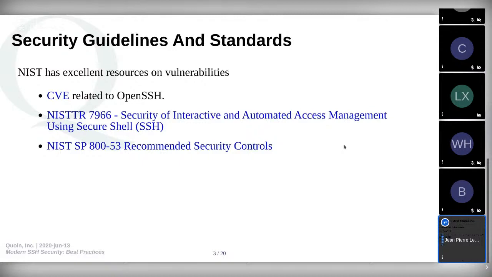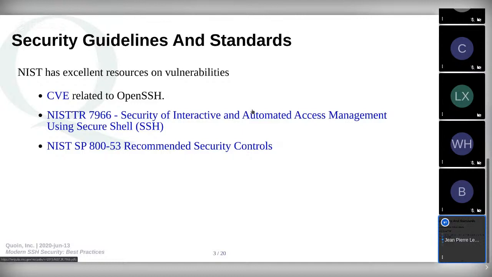NIST has a lot of really great recommendations and information about the kinds of vulnerabilities. So if you go to the CVEs, and these are links, I should have mentioned at the beginning that this presentation and a lot of the examples I'm going to show are on a GitHub server. So you can download these and click through these if you need to.